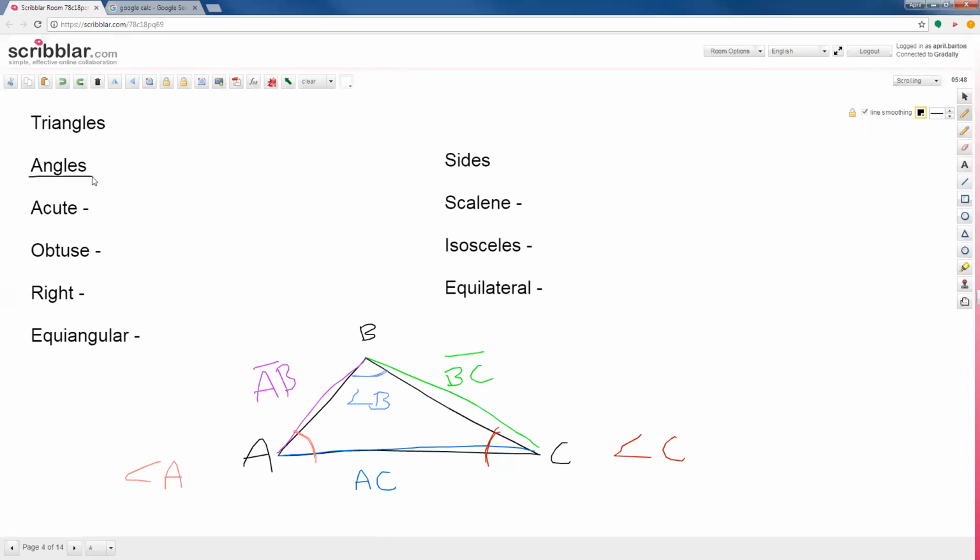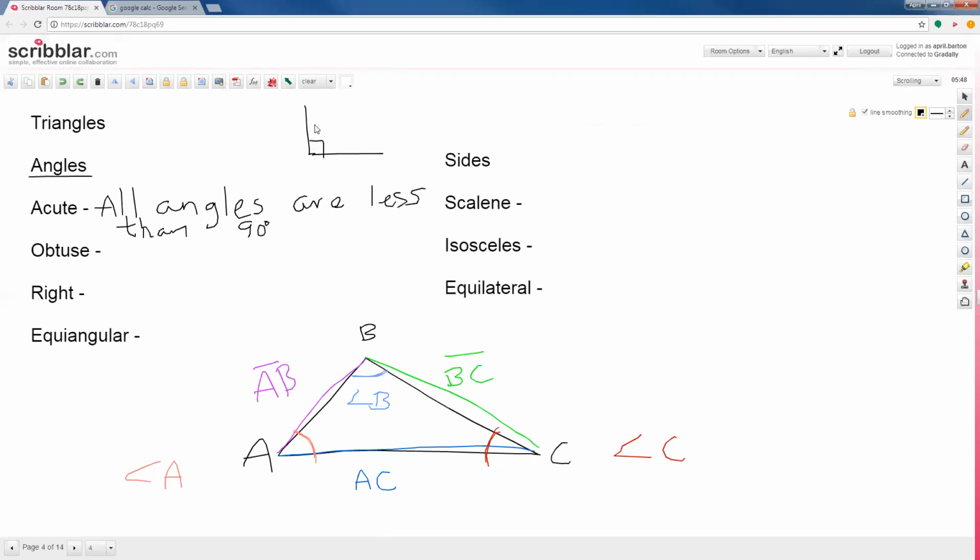So based off the angles, we have acute angles. That's where all the angles in the triangle are less than 90 degrees. And when we say 90 degrees, our right angles look like a corner of a square.